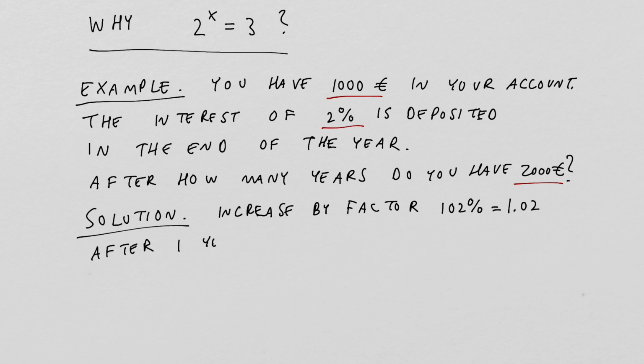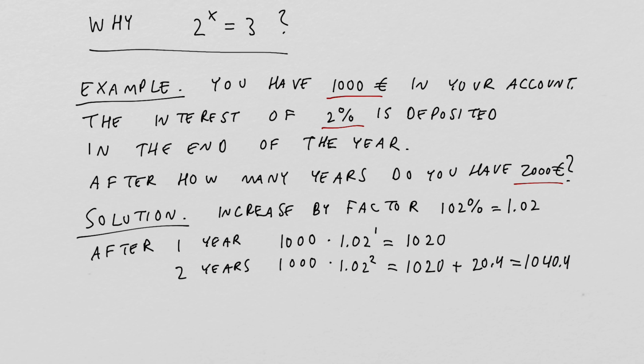So after 1 year you will have 1000 euros times the factor of money, 1020 euros. After 2 years you will again multiply by the factor and your investment gains this time a little bit more than 20 euros.